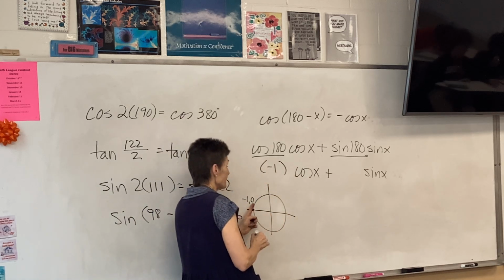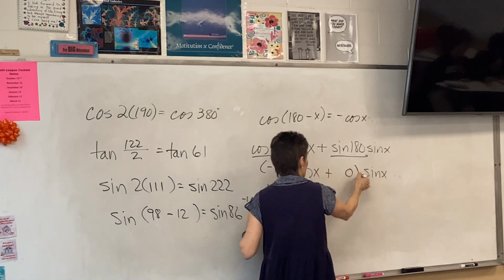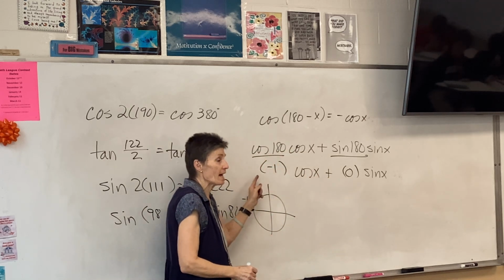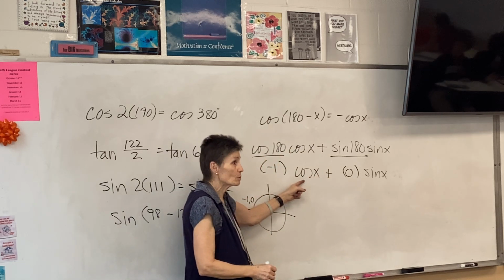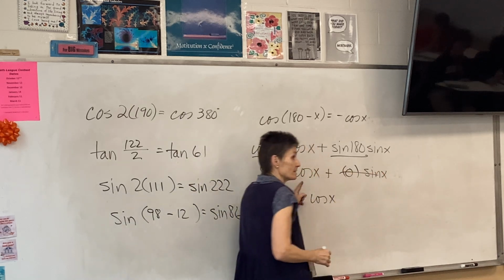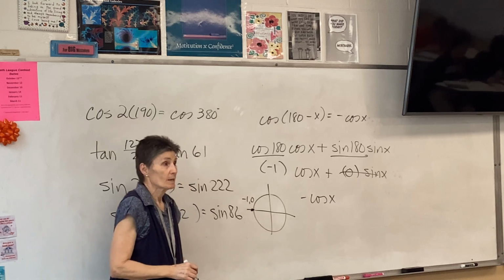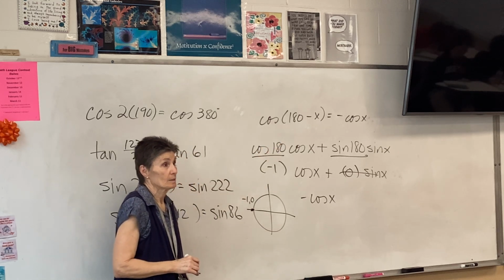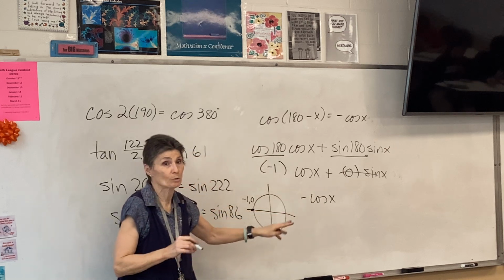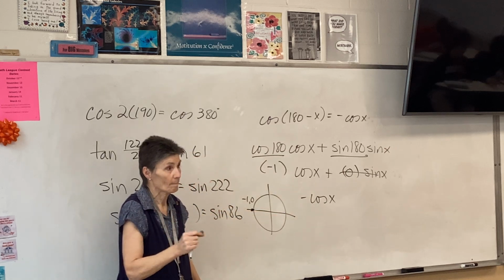And the sine is 0. So when you simplify that, don't you have negative cosine x? And that's gone because it's 0. And that's what you wanted to do. So while it says prove, these are always just 2 or 3 steps. They're real quick.